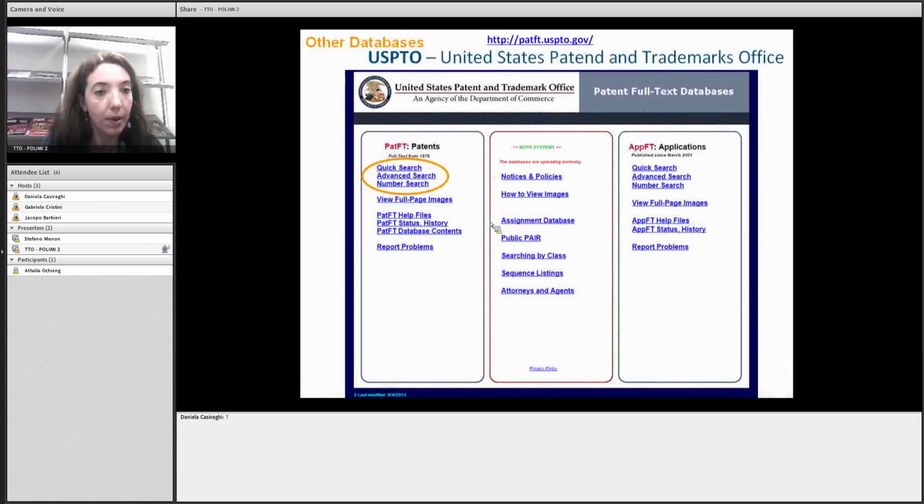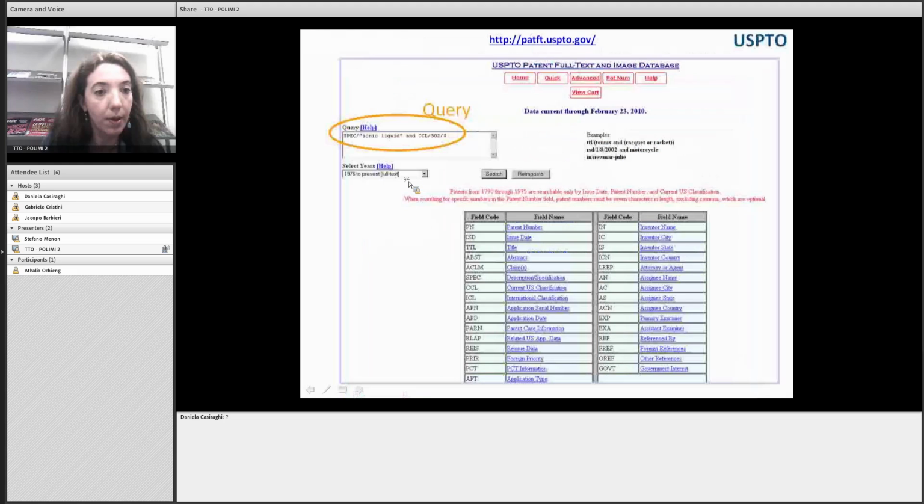The European Patent Office is not the only patent office that supplies a database. Also, the USPTO supplies a good database. It works more or less in the same way. You have a quick search or an advanced search, and you can type a query composed of several keywords and Boolean operators.